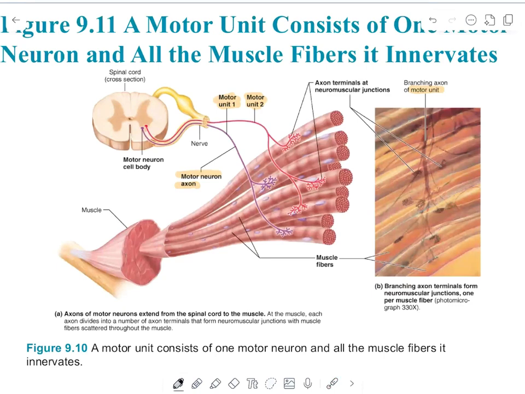So for motor unit number one versus motor unit number two, if we count out the fibers, motor unit one goes to two different muscle fibers. Motor unit 2 is going to be just a little bit different. It's going to have three muscle fibers that receive that signal. So it's not a big difference, certainly not as much as I showed you in the previous slide. But regardless, motor unit 1 is going to be more finely controlled than motor unit number 2.